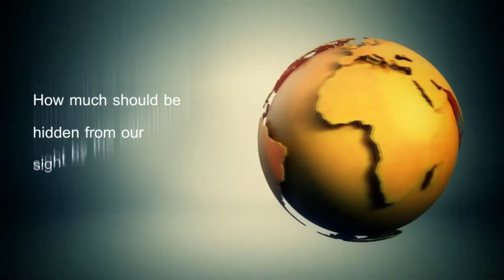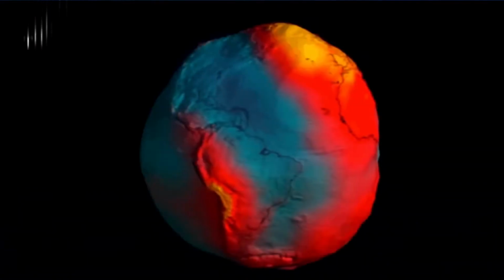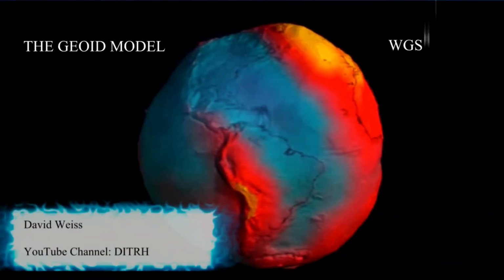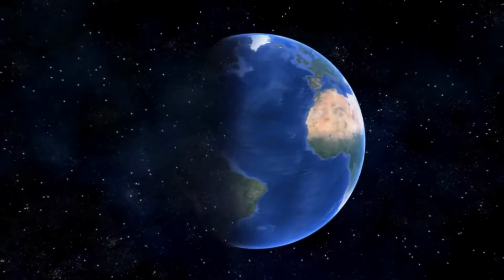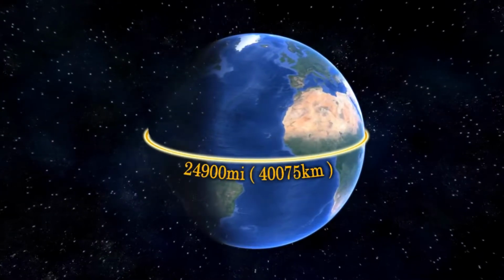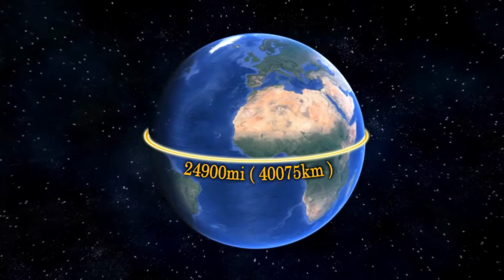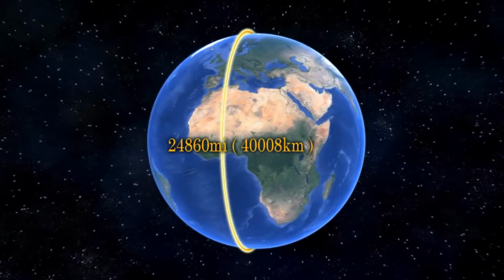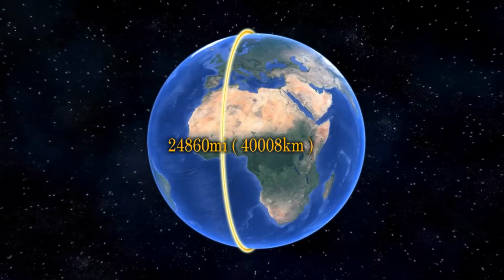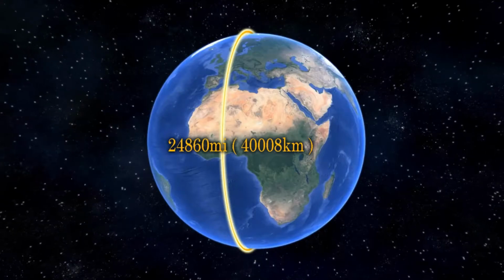How much should be hidden from our sight by the calculated convexity of a body of water? The geoid model, or WGS-84 mathematical construct, states the Earth is an oblate spheroid 24,900 miles or 40,075 kilometers in circumference at the equator, and 24,860 miles or 40,008 kilometers circumference over the poles.